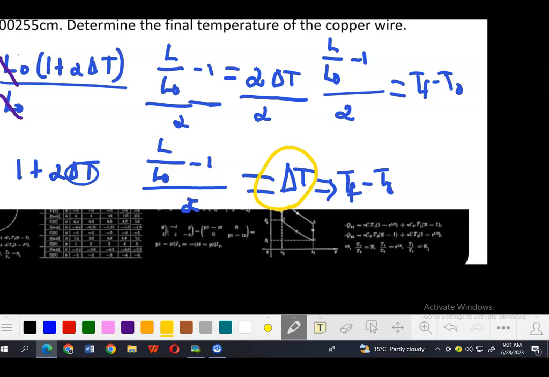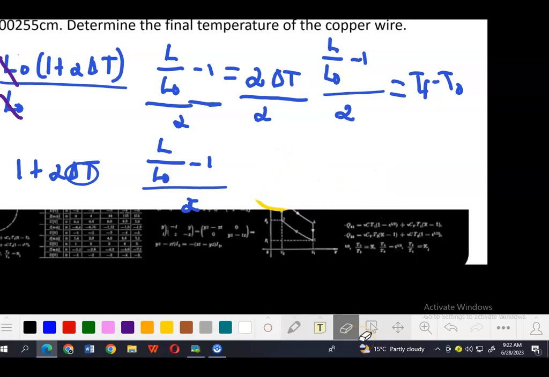So at this point, we can determine the final temperature of the copper wire. Bear in mind that since we have this, let me get some space here. What we are going to do now is to determine the final temperature of the copper wire.